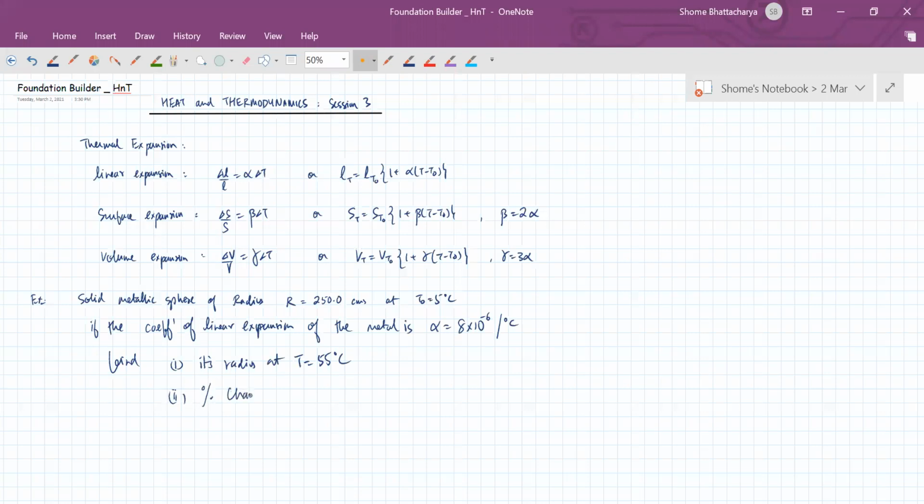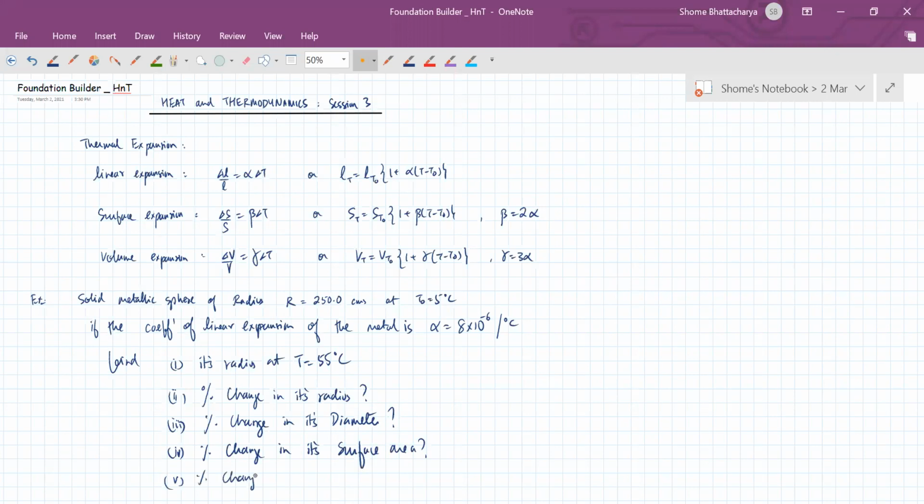percentage change in its radius, percentage change in its diameter, then percentage change in its surface area, and finally percentage change in its volume.